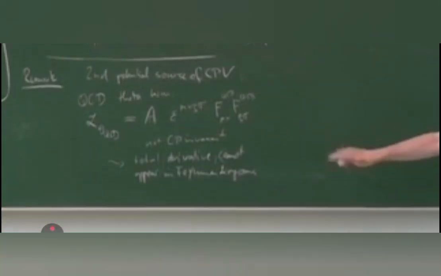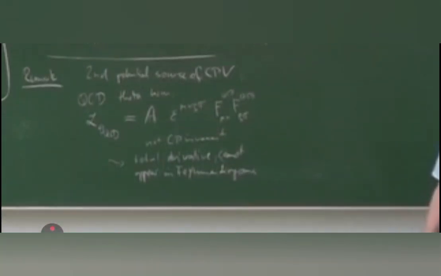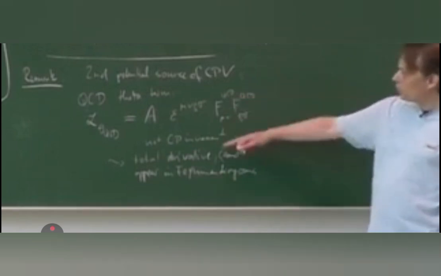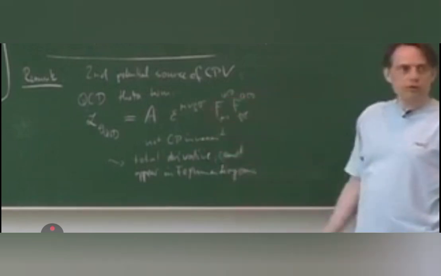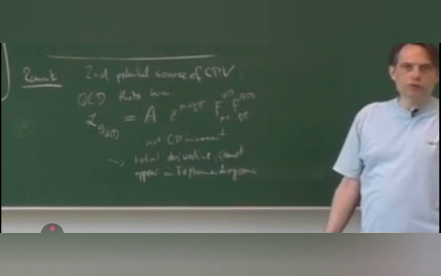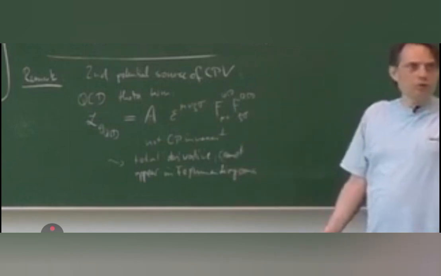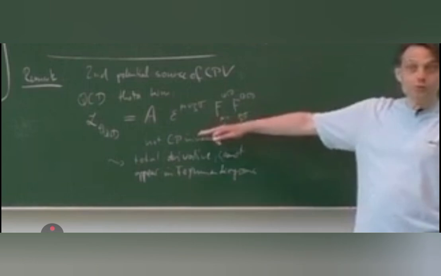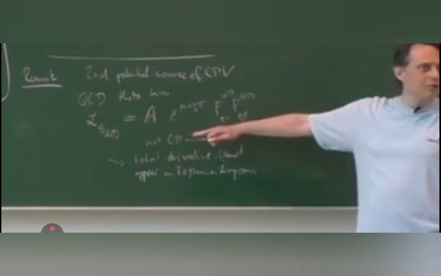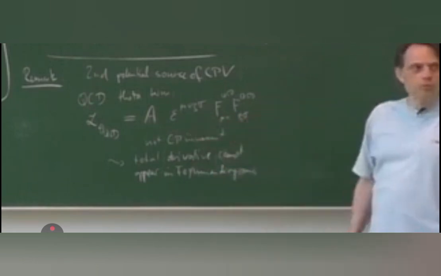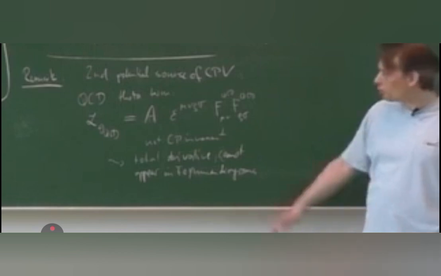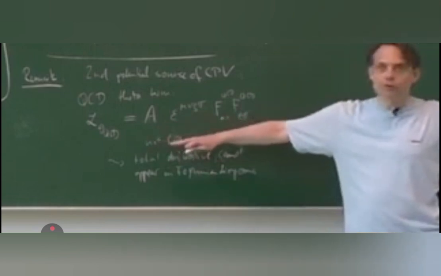But if you go through the non-perturbative treatment of this term without using Feynman diagrams, then you discover that actually it can lead to CP violating effects, and those CP violating effects would have nothing to do with flavor and nothing to do with generations. And those CP violating effects which would come from this term are not observed.